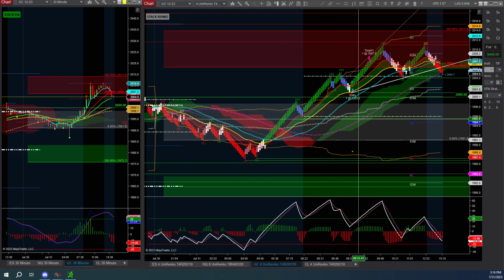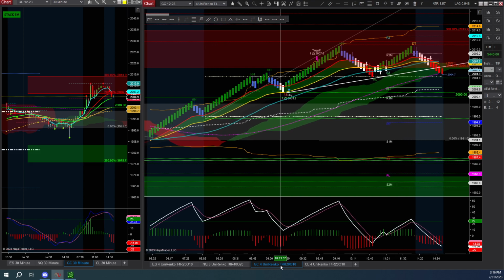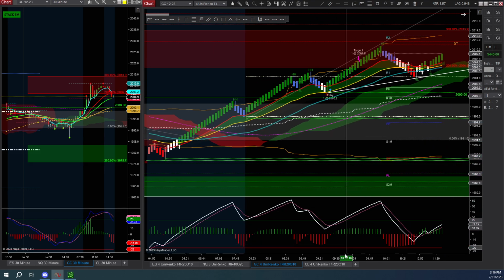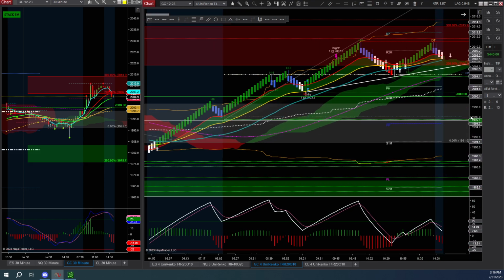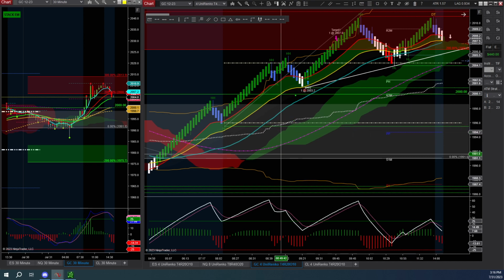But now let's focus our attention on this setup right here. Look at this. This is a week off of the 34. So the 34 is touched. Price was moving up, came back down, bounced off of the 18, then came back up, returned, and then bounced off of the 34.